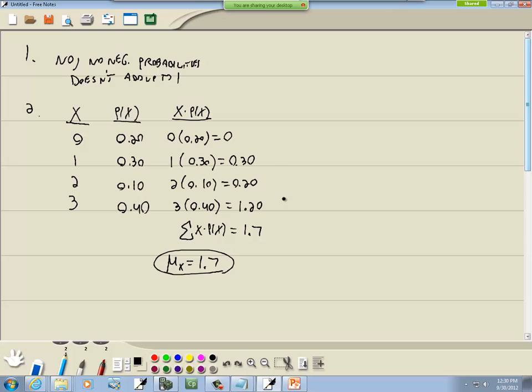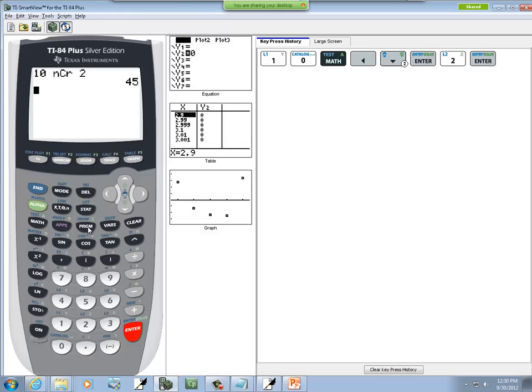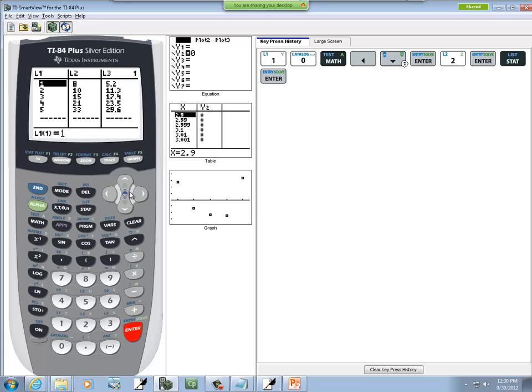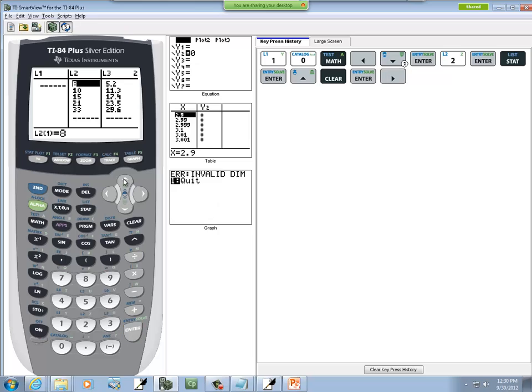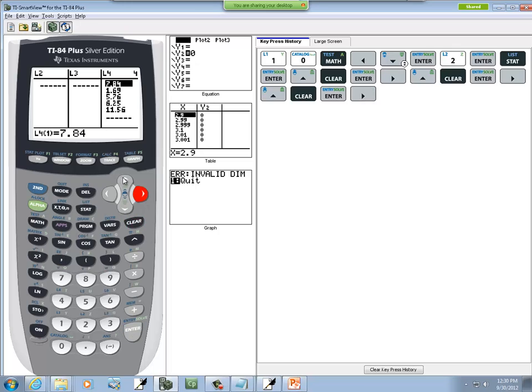Now, let me show this on the calculator. If I was doing this on the TI-83 or TI-84, I'd want to put my x values in L1 and my p of x values in L2. So I'm going to go to Stat, press enter on edit, and clear those out. I'll clear all of them out because I got some extra junk left over from the previous problem.